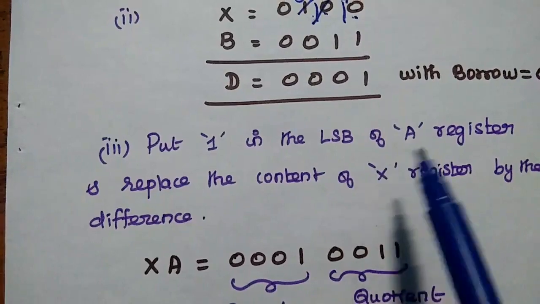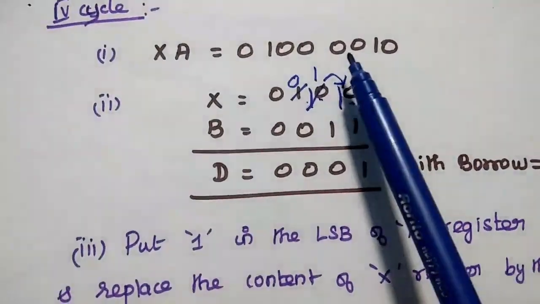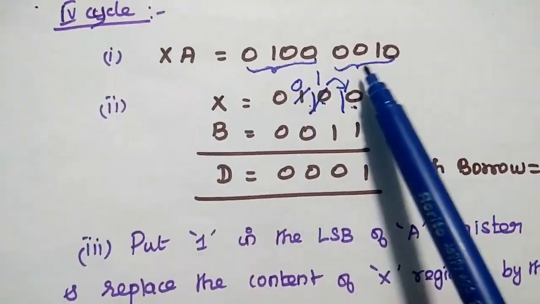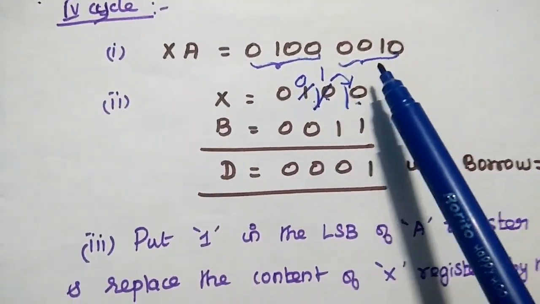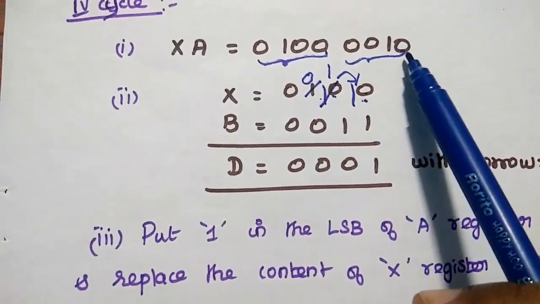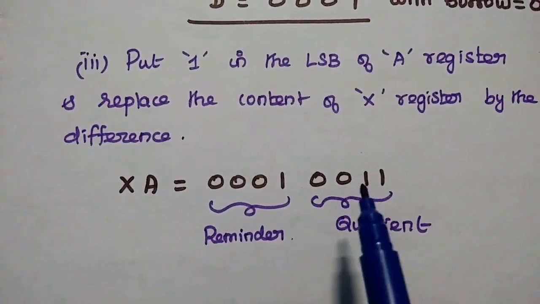Okay, of the A register. This is A, this is X, correct? In this A register, we have to put 1 in the LSB. So 0, 0 is already there, 1 is there. So one more 1 is added over here. So this becomes 0, 0, 1, 1.